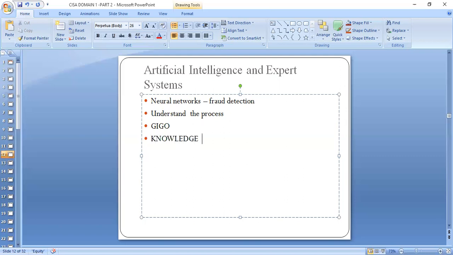Please take note for the exam. The knowledge base is where the knowledge of the expert is resident. If this knowledge base is compromised, then the output of the expert system is going to be compromised. So the auditor should check for the integrity of the knowledge base in an expert system.